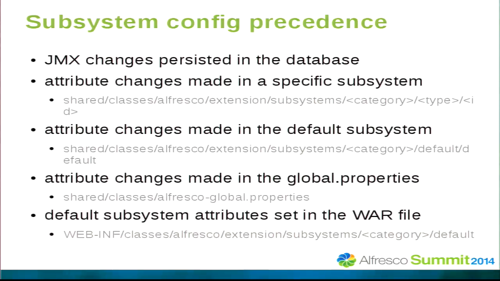And that is by design, because we want to have some config that might apply to everything else, except one specific bit of config that is for one specific subsystem. That way you can do it. If alfresco-global took precedence over the extension subsystems, then you could not define one thing that is specific in the extension directory. And of course, the last one that is used is basically our own defaults that we ship.